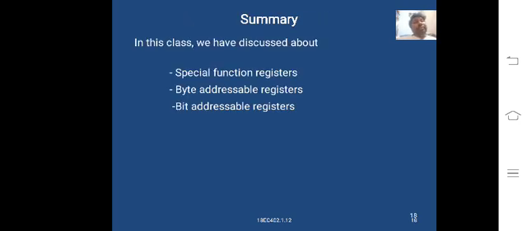In this class, we have discussed the special function registers, the byte addressable registers, and the bit addressable registers.